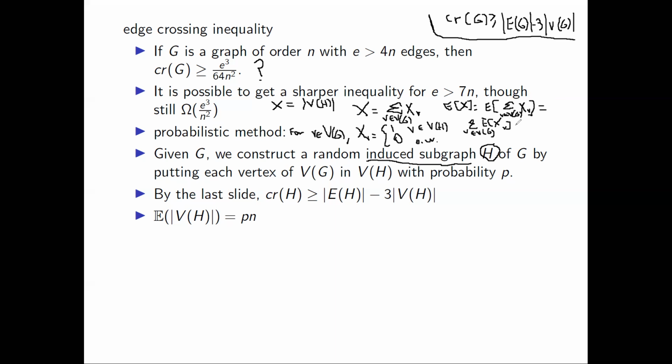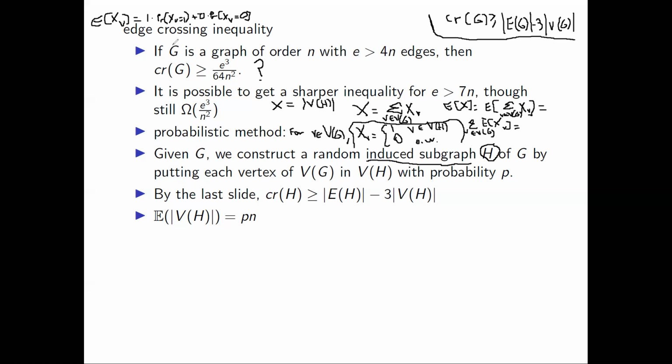So now we just need to figure out what's the expectation of X sub v. So we look at the definition down here, and we recall the definition of expectation. So I'll put it up here. The expectation of X sub v is going to be 1 times the probability that X sub v equals 1 plus 0 times the probability that X sub v is 0. And 1 and 0 are the only possible values that X sub v can have, so that's why they are the only possible values in this calculation for the expectation.